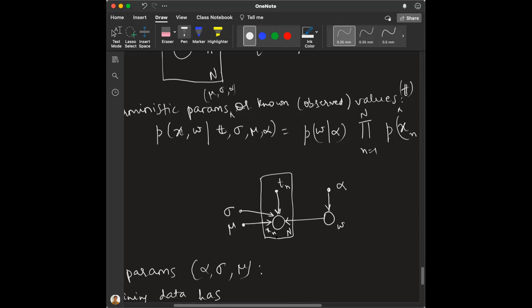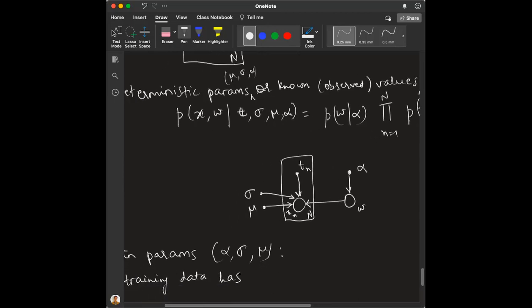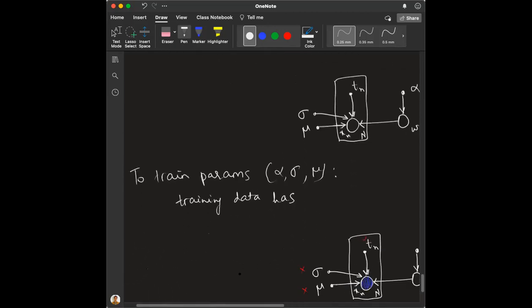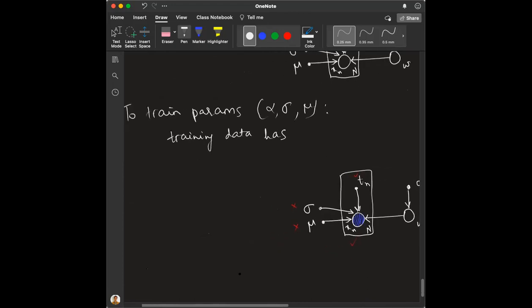But this one assumes that given Tn, your Xn are all independent, and in your speech or audio, they may not be independent. Of course, you can model them as independent. That is your model. But if you model them with some dependency, then it might be a better model empirically.